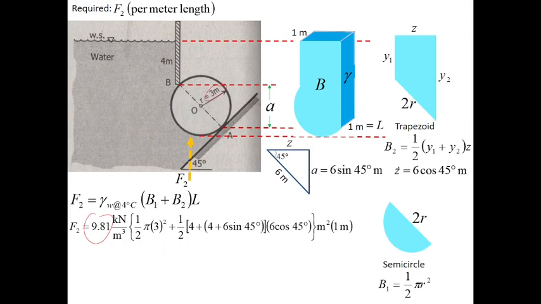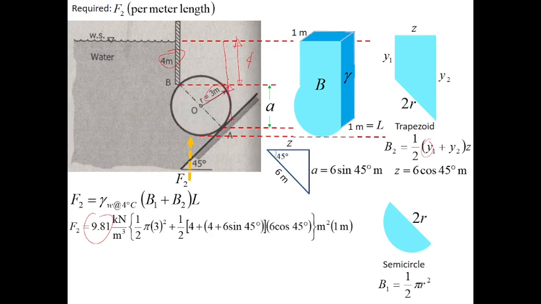Then, B2, trapezoid, 1/2, Y1. Ang Y1 natin yun ang 4, di ba? Y1 is 4. Okay? Ang Y2 natin ay itong haba na to, 4 plus itong haba na to.